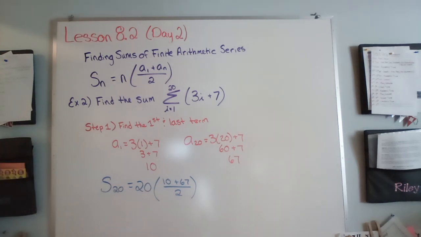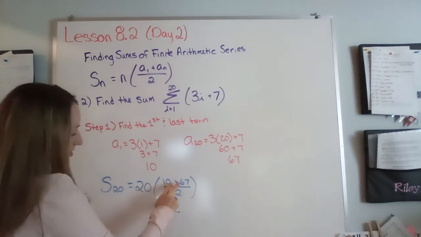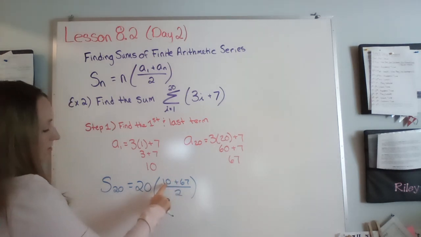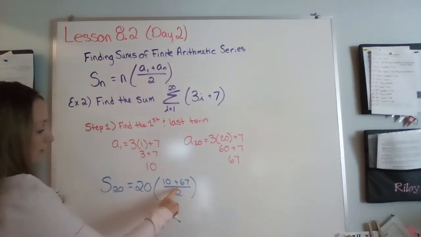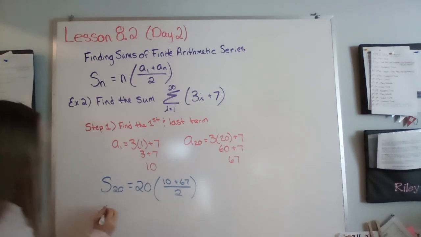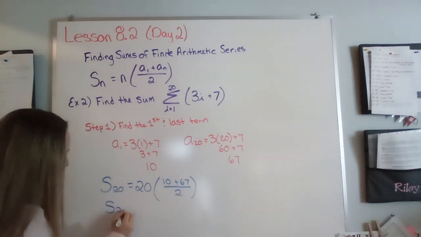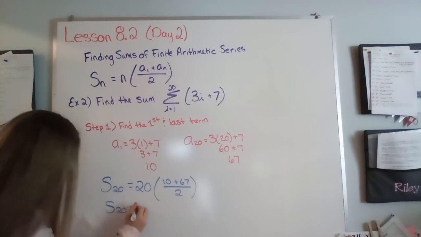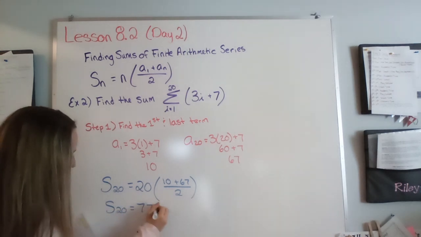From there, it's just following order of operations. You simplify inside parentheses first. 10 plus 67 is 77. 77 divided by 2 times 20 is going to give you that the sum of the first 20 terms is equal to 770.